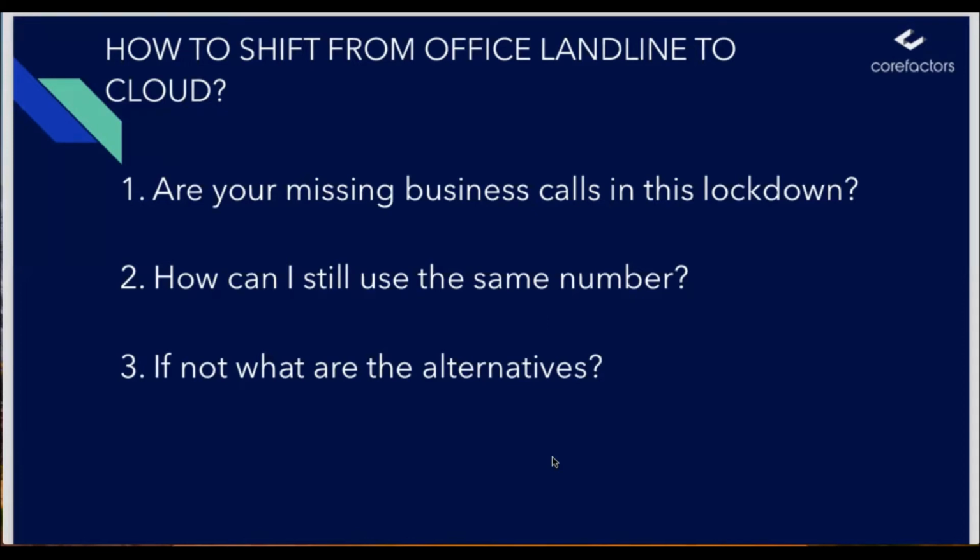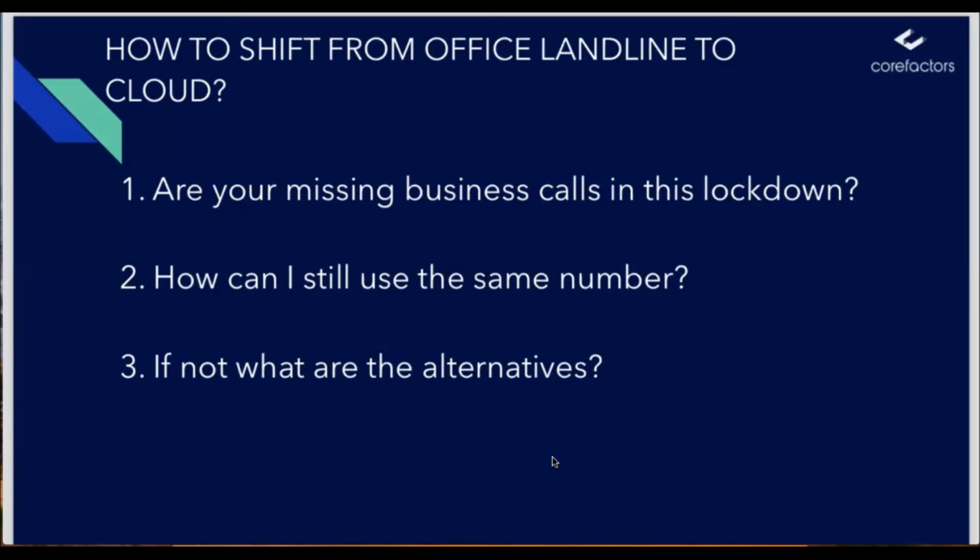So what is the alternative way to achieve this? Instead of using your existing landline numbers, you can leverage the numbers provided by the service providers. Maybe it's an 080 number, 044 number, or 022 number, or you can take your existing mobile number and change it into a virtual number as well.